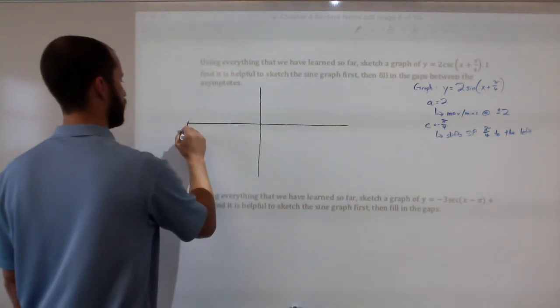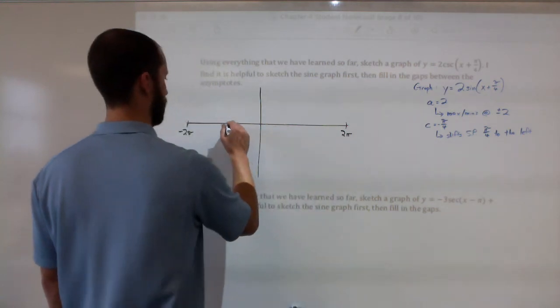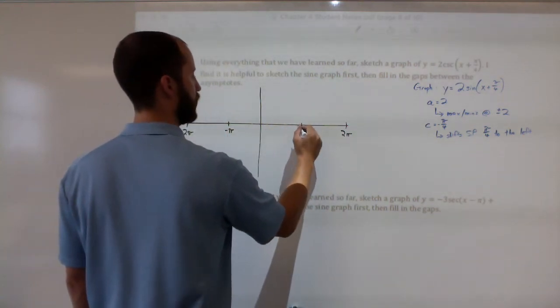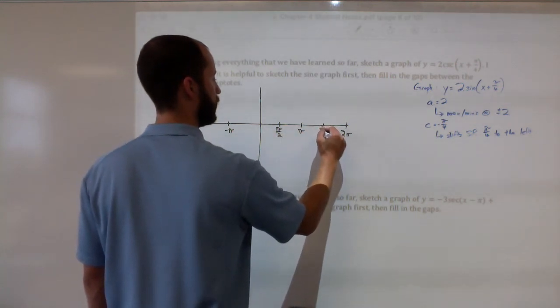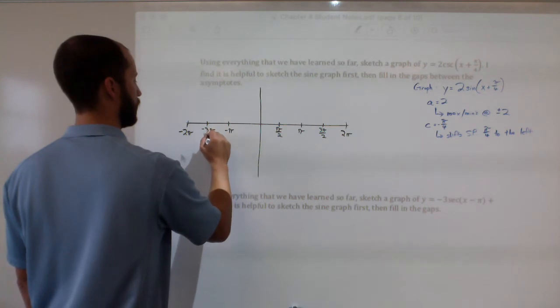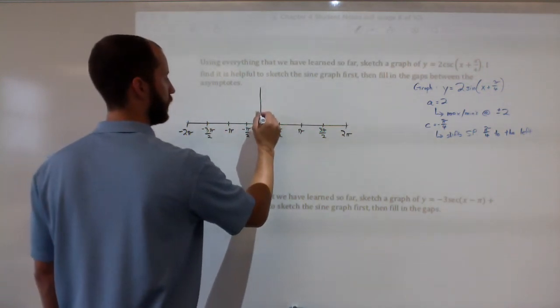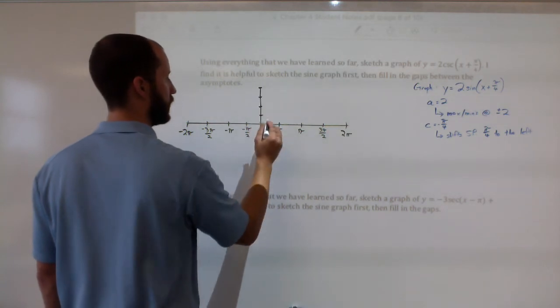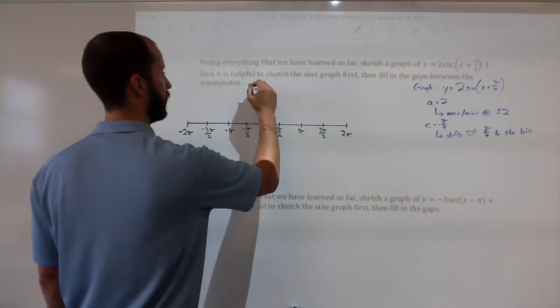And we'll go negative 2 pi to positive 2 pi, because that's the kind of mood I'm in today. There was no change in the period, so my quarters are going to be pi over 2 values.